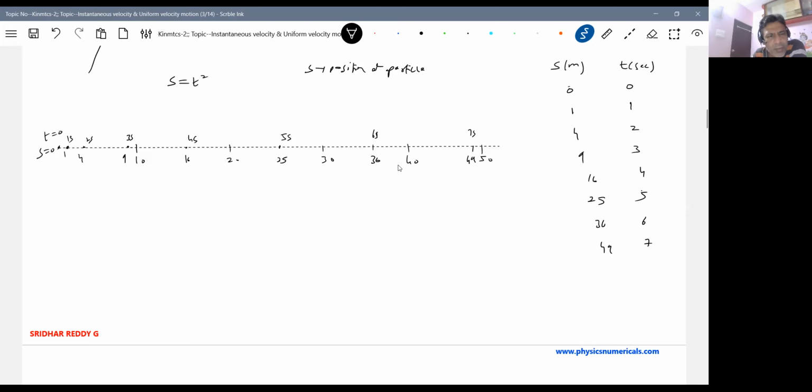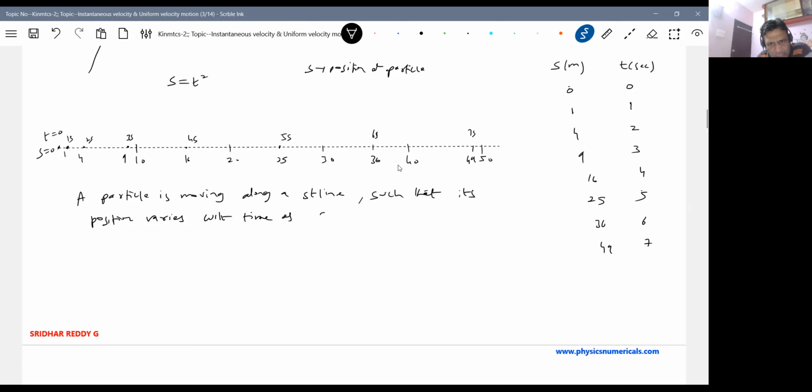No, let me ask you, what is the average velocity? Average velocity for 0 to 5 seconds. Let me write all the description. A particle is moving along a straight line such that its position varies with time as s equal to t square.